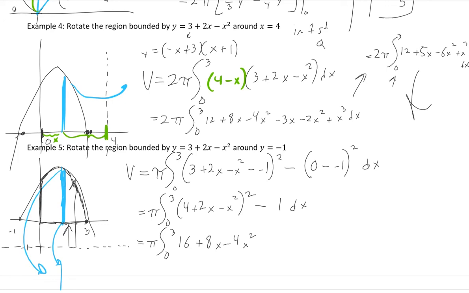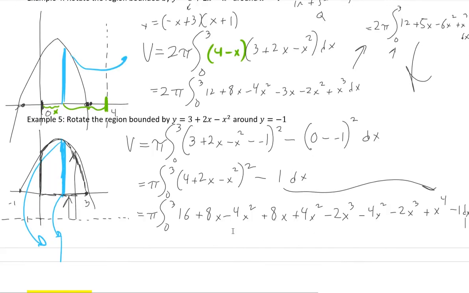So I get plus another 8x plus 4x squared minus 2x cubed, and then minus x squared times everything. So minus 4x squared minus 2x cubed, and then minus, or actually plus x to the 4th, and then minus 1 from here, dx.